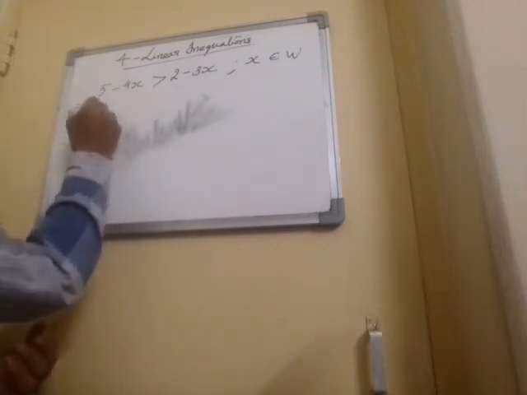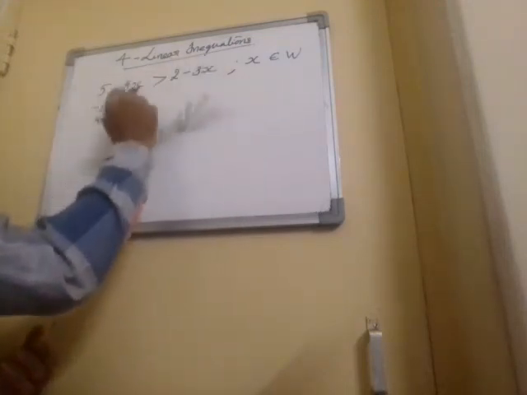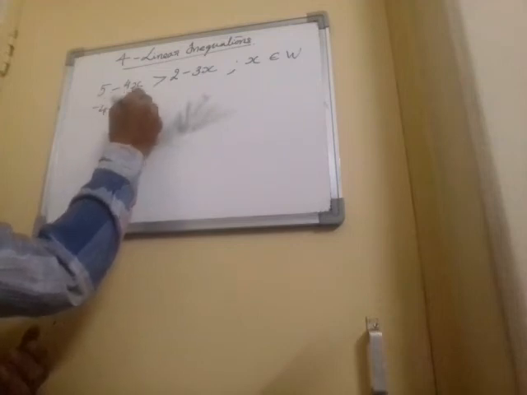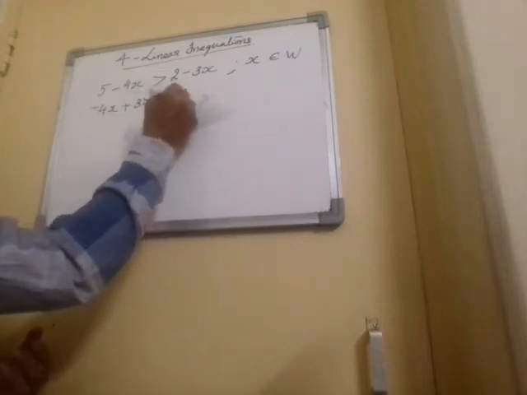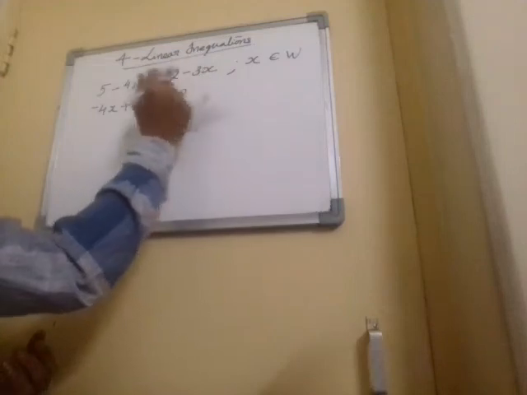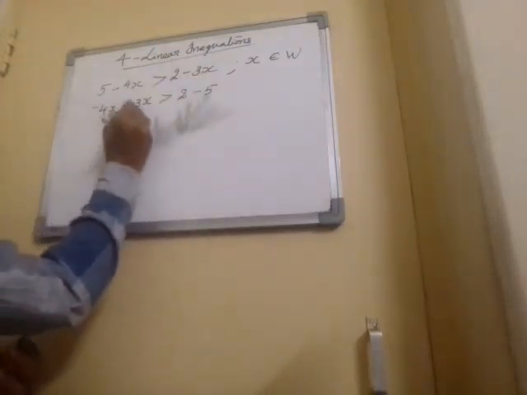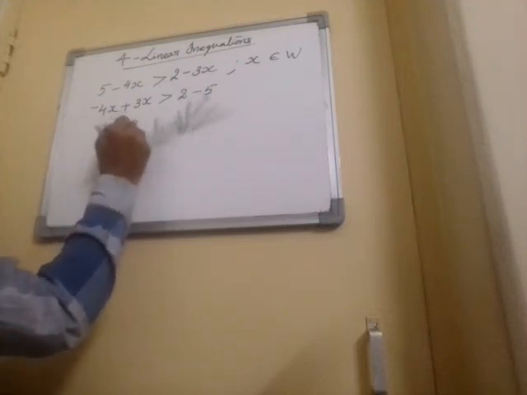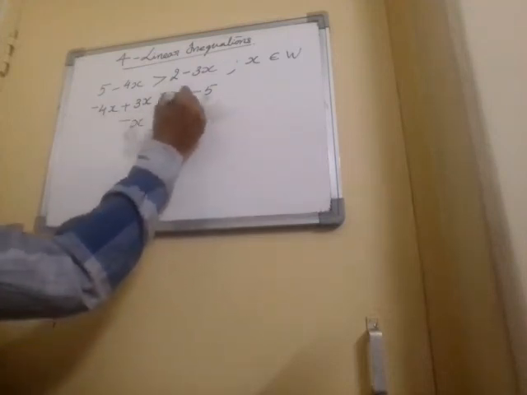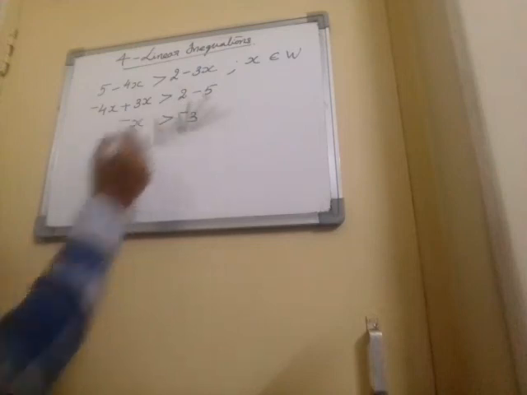Bringing minus 3x to the left side, it is plus 3x, so minus 4x plus 3x greater than 2. 5 goes to the other side, it is minus 5. Now minus 4x plus 3x is minus x, greater than 2 minus 5, which is minus 3.